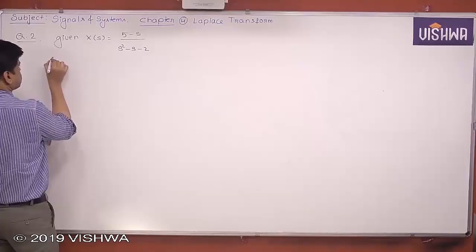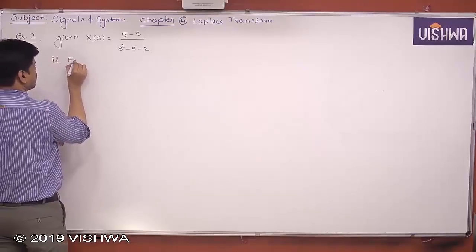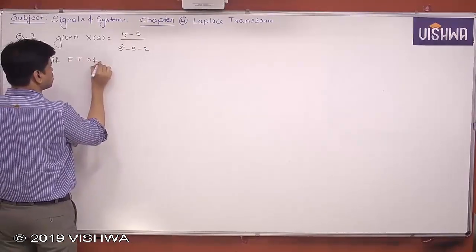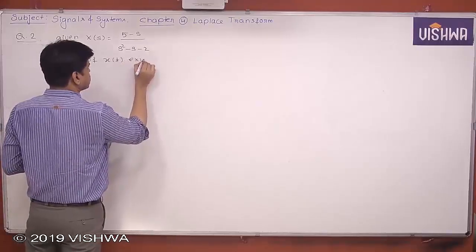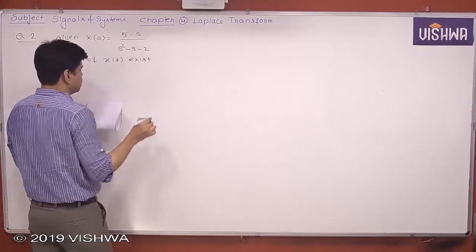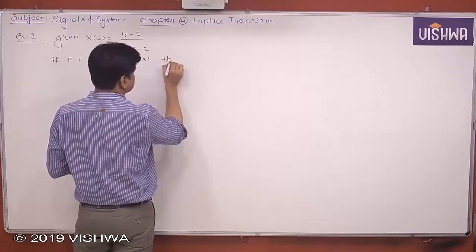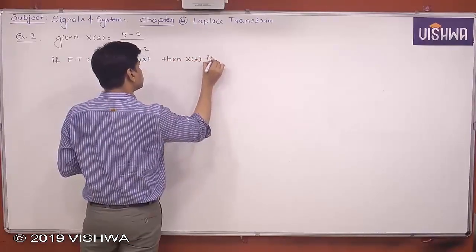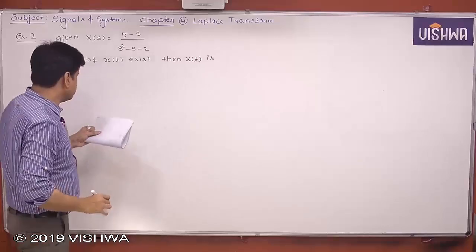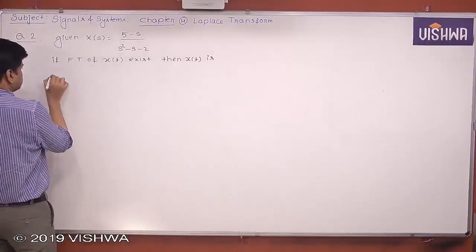If Fourier transform of x of t exists, then x of t is, option A.